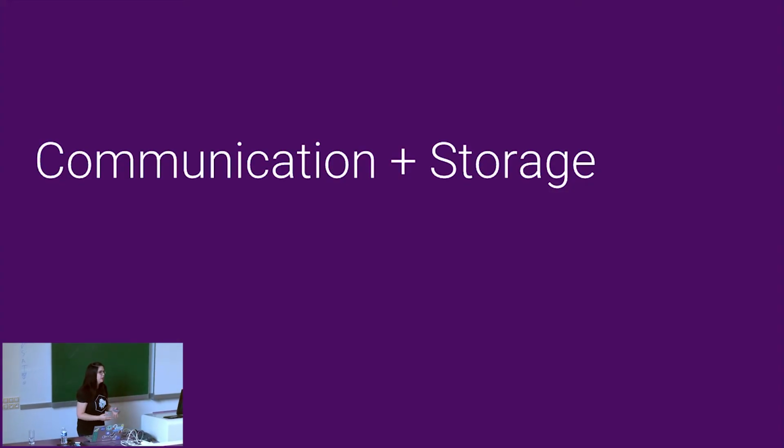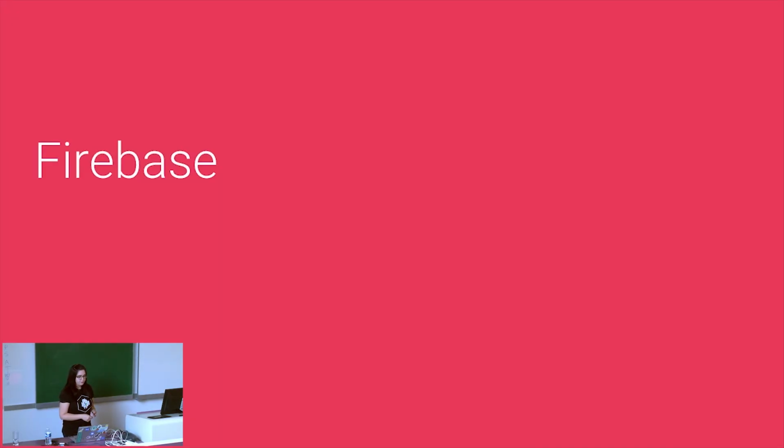OK, cool. All right, so let's have a look at a couple of different options that you can use in terms of storage and communication for Android Things. The first and probably the easiest option is to use Firebase. Firebase is Google's offering for mobile devices, but it also works really well for IoT and Android Things.